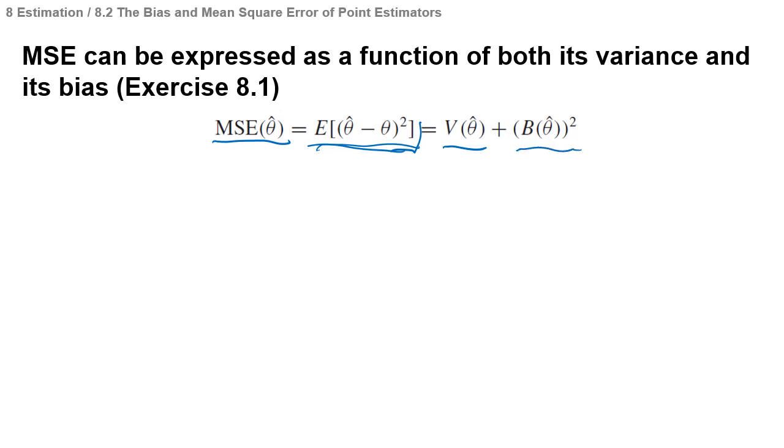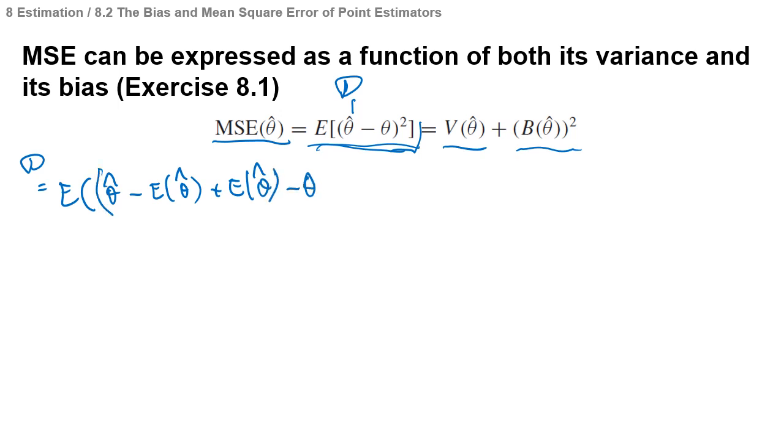Okay, let's try to solve it. This part can be expressed as: the expected value of theta hat minus the expected value of theta hat, plus the expected value of theta hat, minus theta, squared. So we add and subtract the expected value of theta hat, then group these together and expand the square.